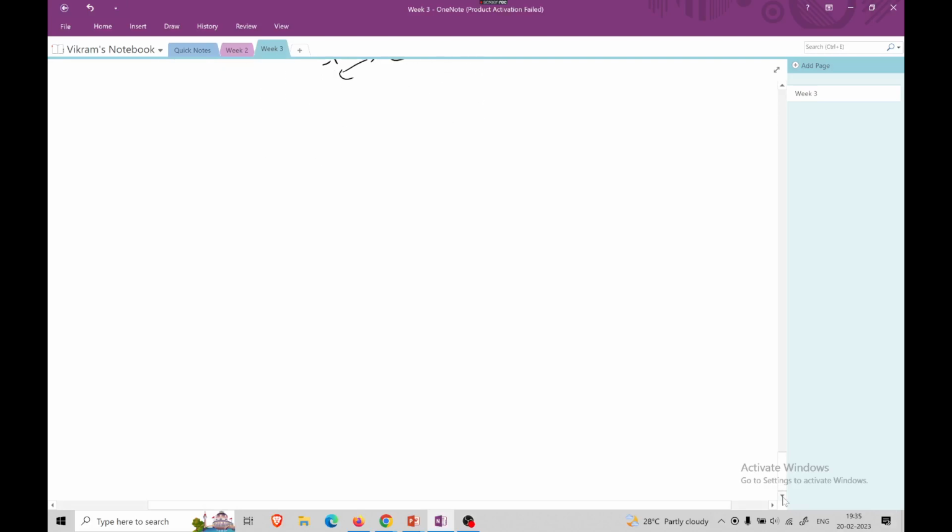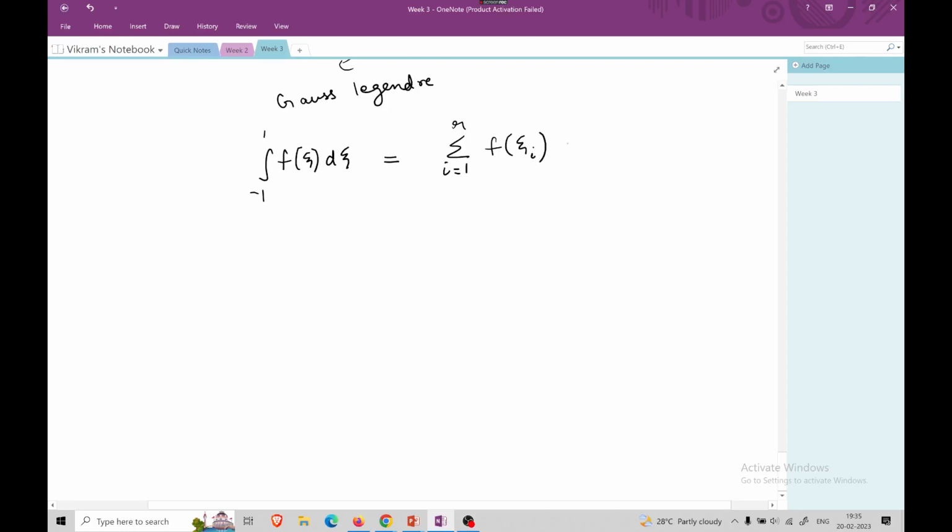We'll see what Gauss Legendre is again. I'll redefine it. From minus 1 to 1, if you have f of eta d eta, this can be summation from i is equal to 1 to r of f of eta i into wi.